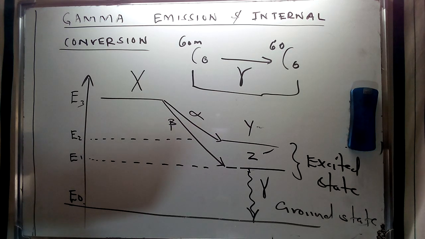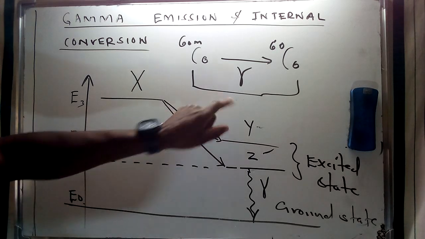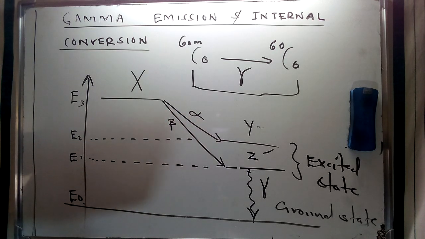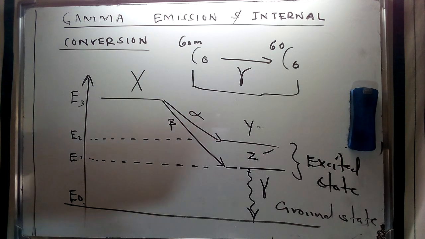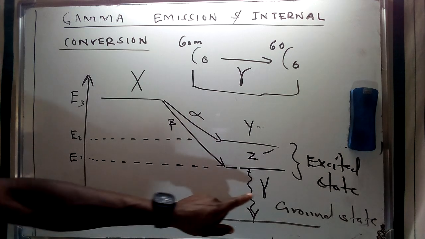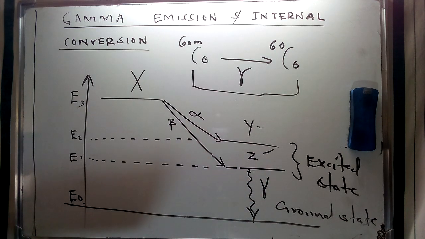And of course, in some cases, the excitation energy that is involved in this particular case is going to be directly transferred to the orbital electrons of a particular radioactive isotope that we are mentioning, without involvement of the release of this gamma ray, as I've mentioned.